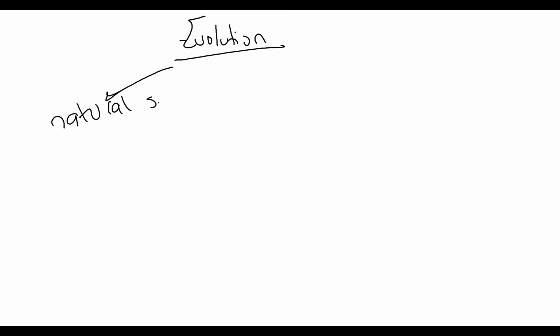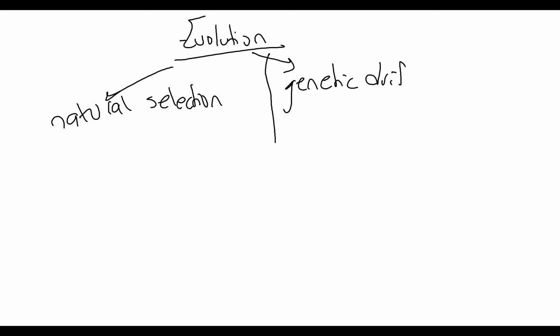So we have the natural selection, the genetic drift, and the gene flow.